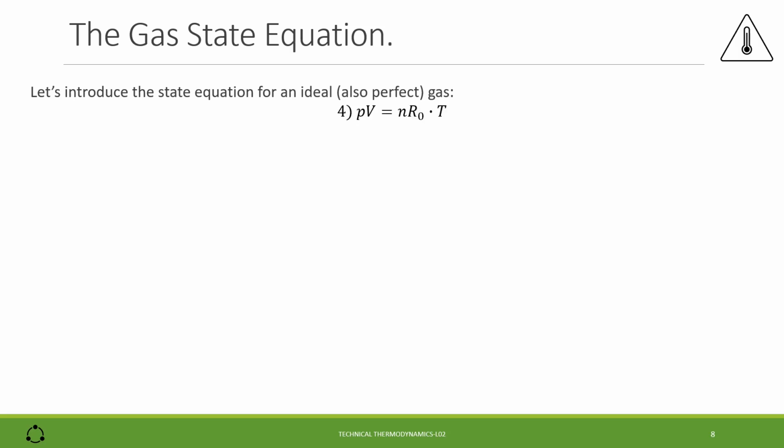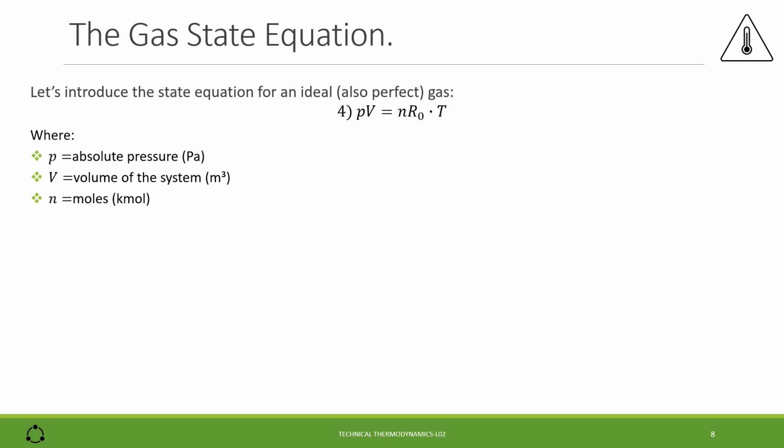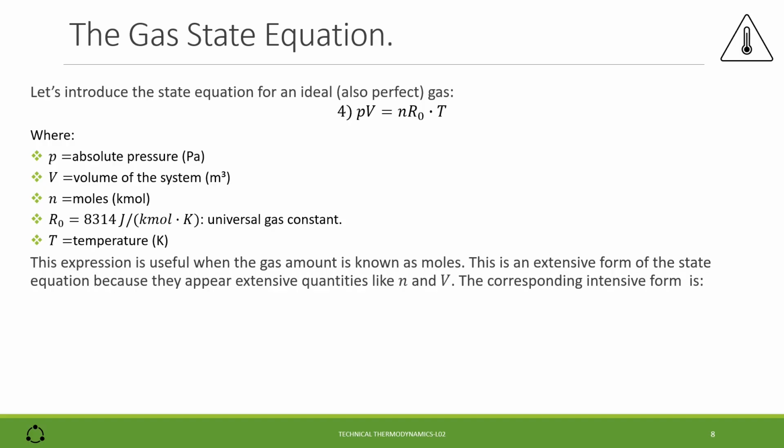PV equals nR0T, where P is the absolute pressure in Pascal, capital V is the volume of the system in cubic meter, n is the moles in kilomole, R0 is the universal gas constant that is expressed in joule over kilomole into Kelvin, capital T is the temperature in Kelvin. This expression is very useful when the gas amount is known as moles.